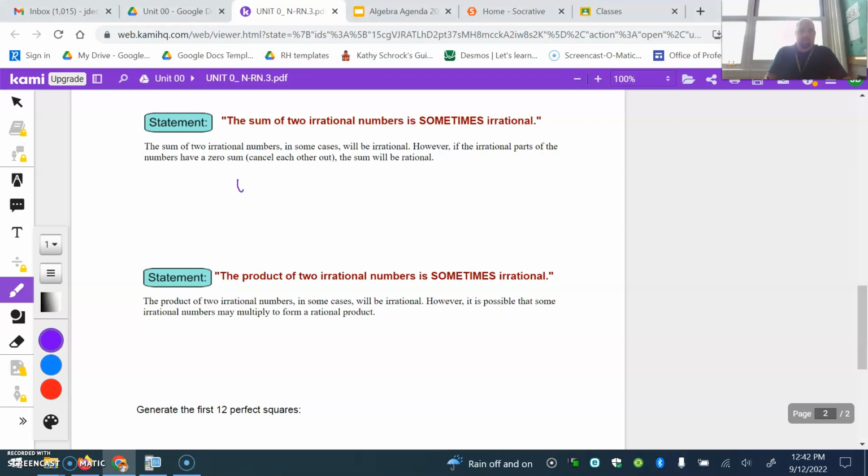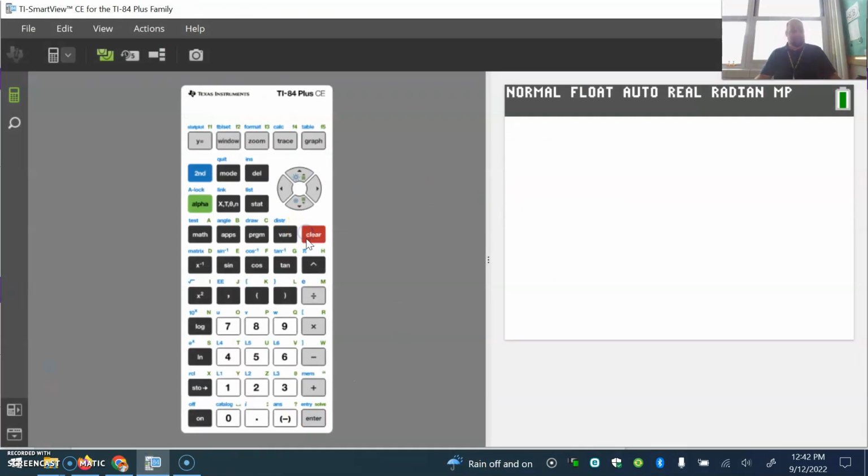So one example is if I took the square root of 2 and I added to it, and then in parentheses I put 1 minus the square root of 2, watch what happens. I'm going to use my calculator for this to demonstrate. So let me clear it out. I'm going to take square root of 2, and I'm going to add to it, square root of 2.